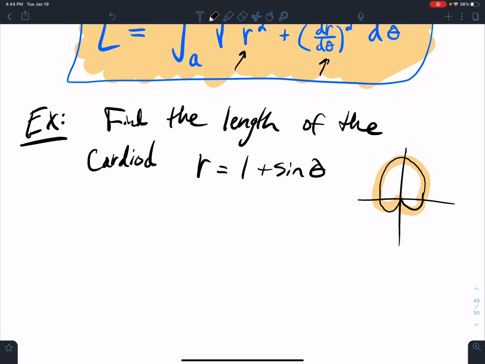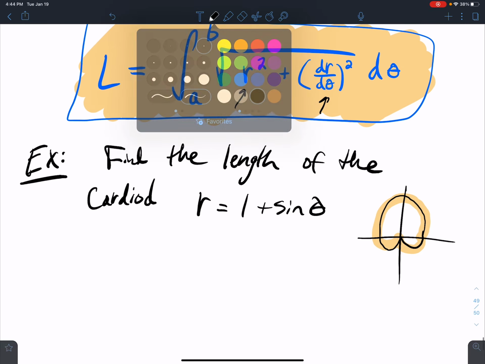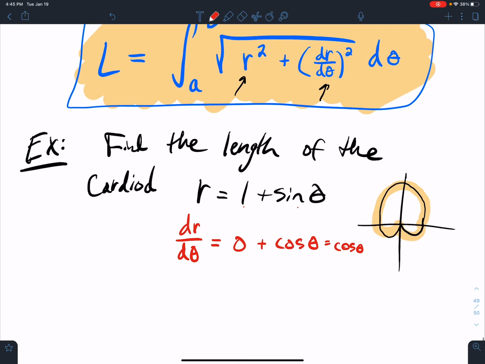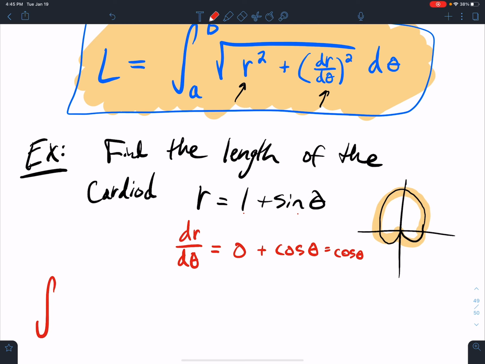Okay, so to do this, not only do I need r, but I also need dr/d theta. So I take the derivative with respect to theta. The derivative with respect to theta of 1 is 0. The derivative of sine theta is cosine theta. So it's just cosine theta for the dr/d theta. And so now I'm going to do the integral from a to b.